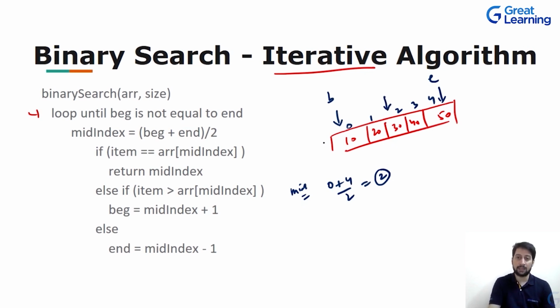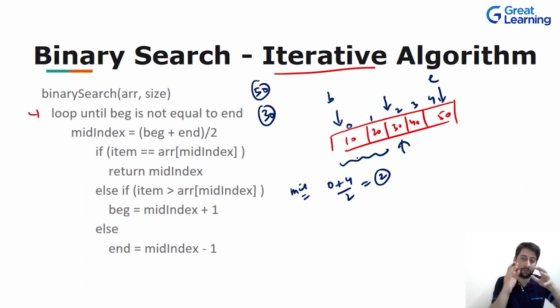Now you will see, okay, the element that I'm looking for is, let's suppose, 50, and the element that I am currently at is 30. So obviously it will never be from this side. There is no chance that we will be able to find 50 from the left hand side, right? First we will check, is this 30 equal to 50? No. So this will never be executed, right?